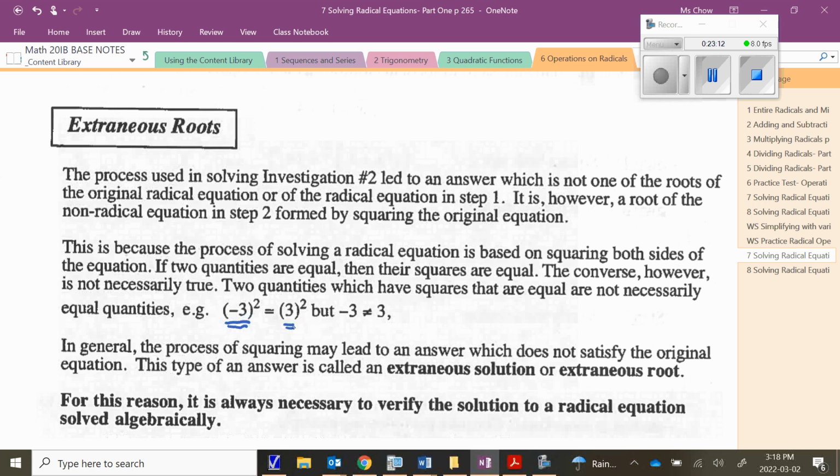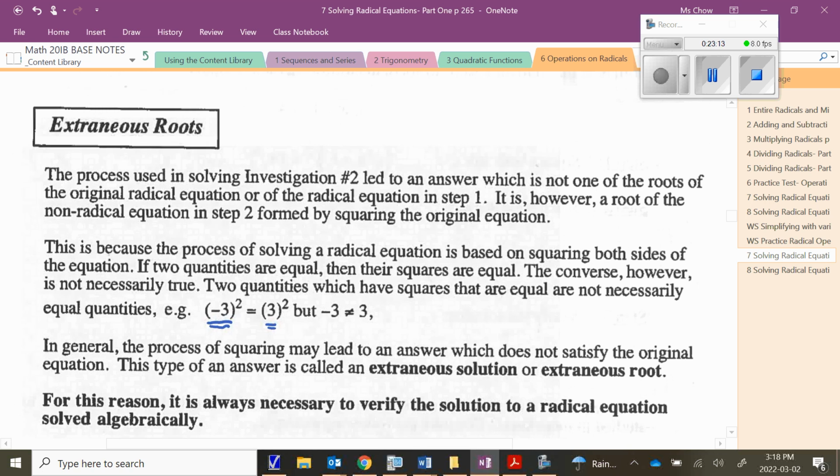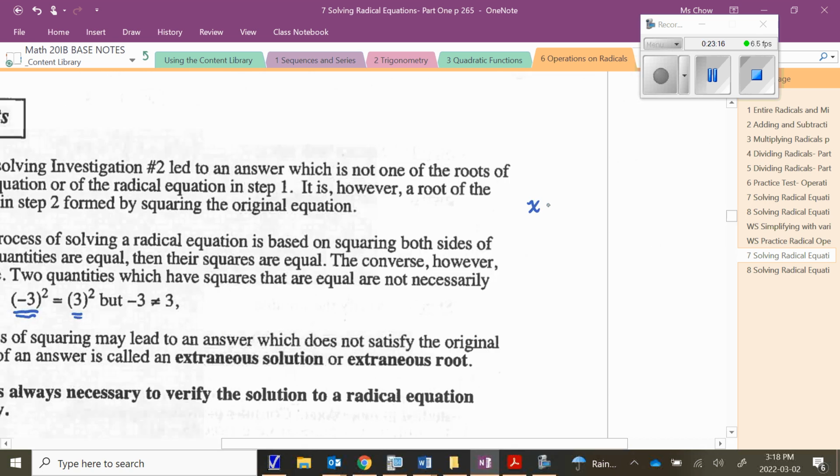Another way I can show you is, let's hypothetically say x equals negative 3. Let's say I now go ahead and square both sides. So then x squared is equal to 9. If we use the square root symbol and say the square root of x squared, then what does that mean? That square root symbol automatically says that I am taking the positive only.